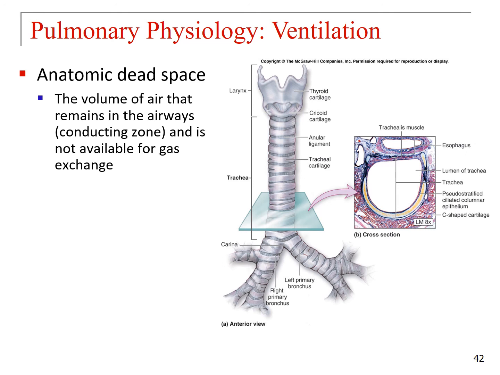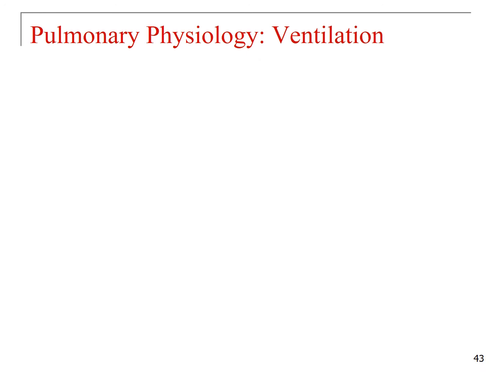But as air moves in, when you have equalization, some air will be in these airways and will not have made it all the way in to the respiratory tissue. And so the air that's here is called anatomic dead space. Okay, I think I moved the slide ahead a little bit too fast. Let me repeat that: anatomic dead space makes up about 30% of your total tidal volume.